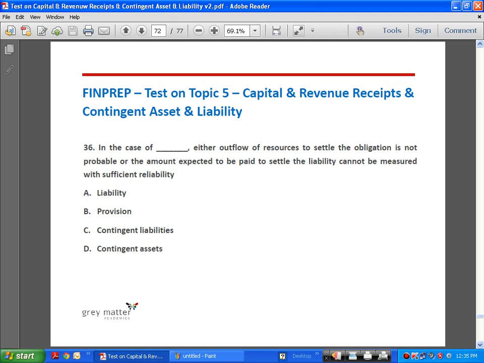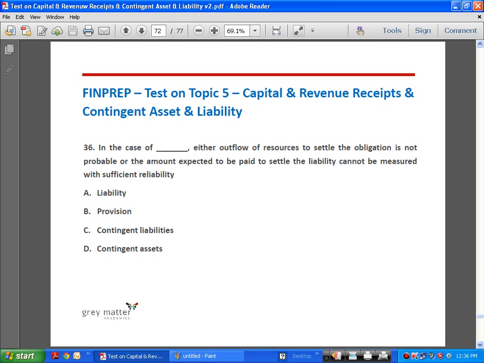Next, in the case of a contingent liability, either outflow of resources to settle the obligation is not probable, or the amount expected to be paid to settle the liability cannot be measured with sufficient reliability. So this is the definition of a contingent liability. Suppose there is a situation where you know that the chance of your spending in order to settle the obligation is not probable.